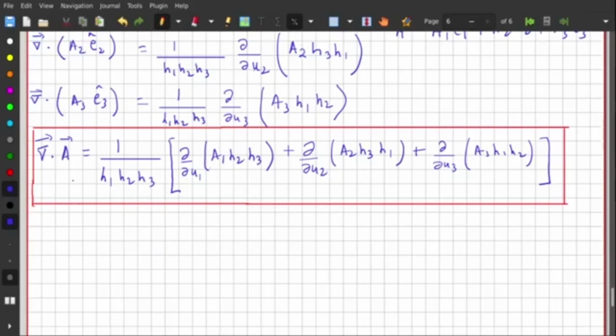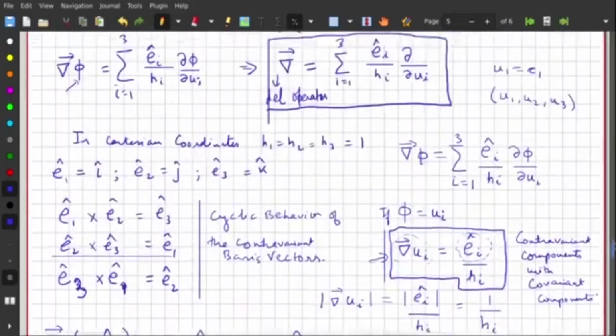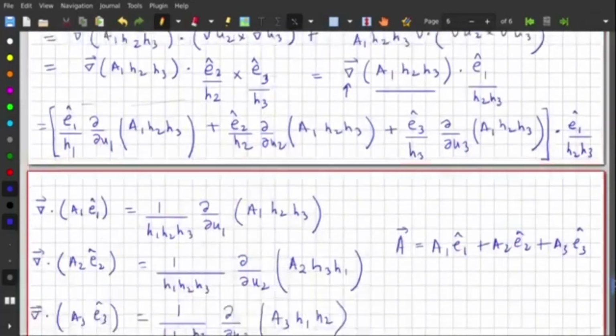Now, in this expression, let's say instead of A, we substitute grad of any scalar. What I have in mind is that A_i is basically partial phi partial u_i, the i-th component of the gradient of phi.